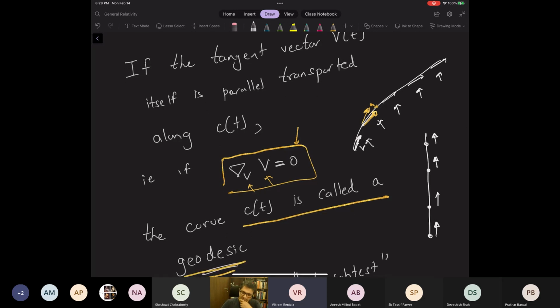If I take this vector, v at the point P, and parallelly transport it to the point Q, and then compare it with v at Q, and if there is no difference between these two vectors, then the derivative along v of v is 0, and you would say that this curve is a geodesic.